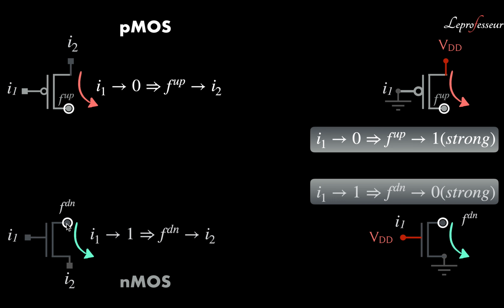If we take the output from the other terminal, we have already seen that when I1, the input connected to the gate, goes to logic 1 or high, this output will be pulled down to the logic level of I2. So this we have seen.